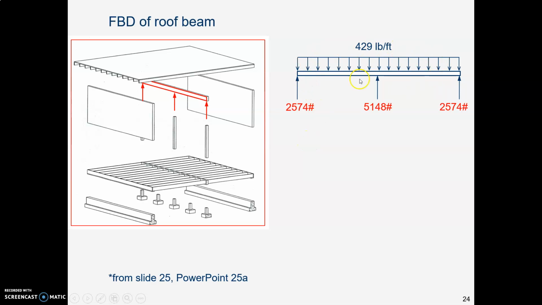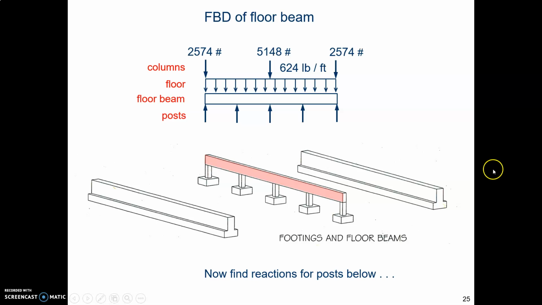And here's our free body diagram of our roof beam, and this is what we found. That the 2 outside columns have a load of 2574 pounds, and that middle column has a load of 5148 pounds. Okay, and that has to get translated all the way down to that floor beam.